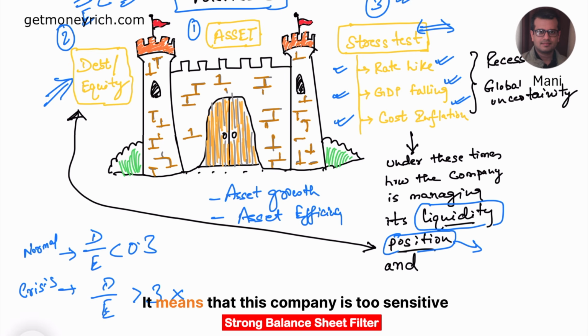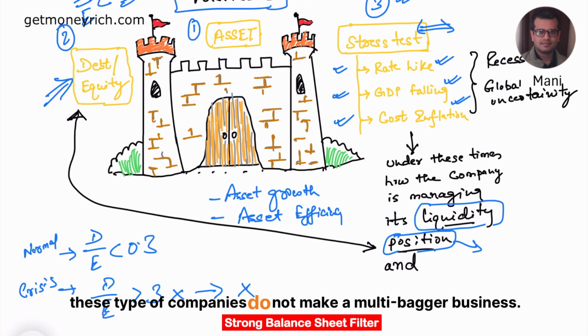It means that this company is too sensitive to any changes in the economy. If the economy is doing well, the company will do well. But if the economy is not so good, this company is not so resilient, takes a lot of debt, and hence it will become risky under tough situations. Generally speaking, these types of companies do not make a multi-bagger business.